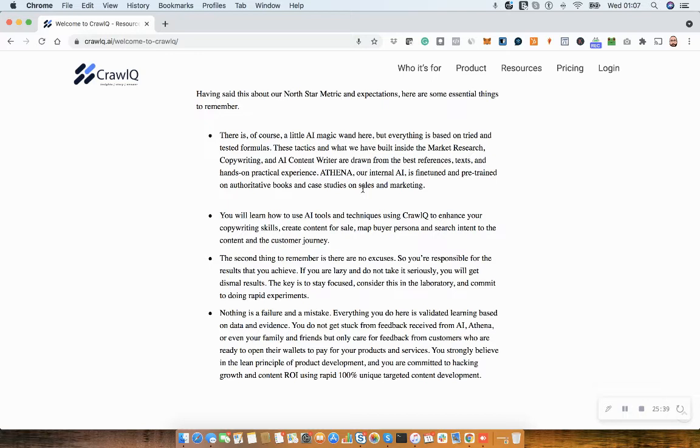This is important, and you are ready to be open to the feedback. This customer is the person you have immediate contact with, and you are going to talk to this customer using this framework. And you strongly believe in the lean principle of product development, and you are committed to hacking growth and content ROI using rapid 100% unique targeted content development. So this is the key.